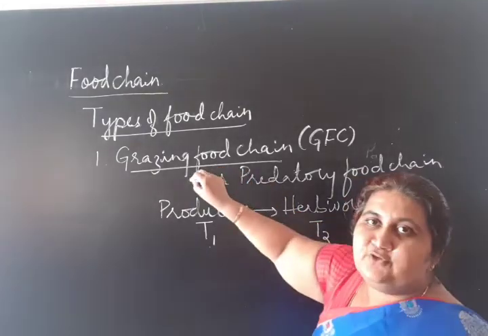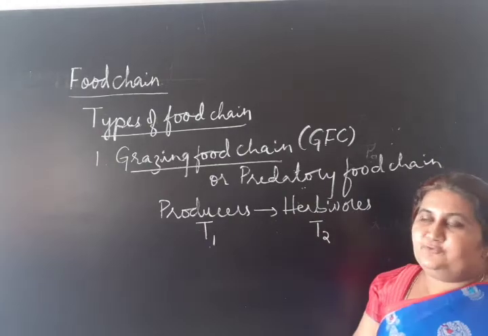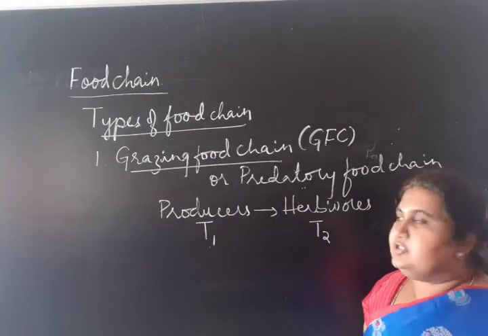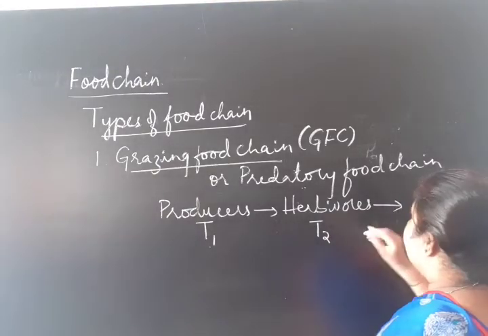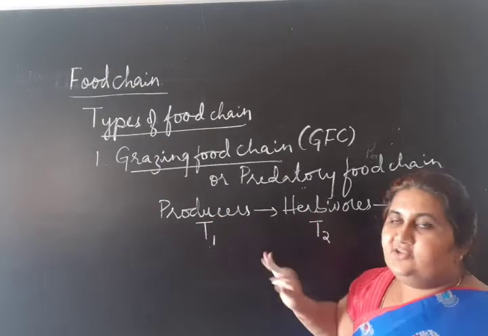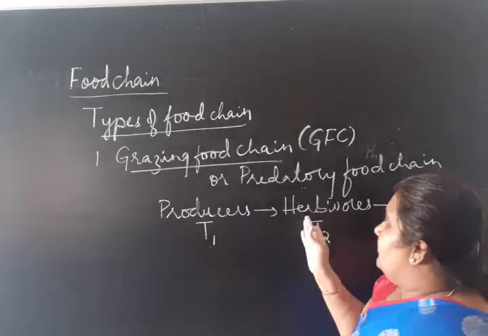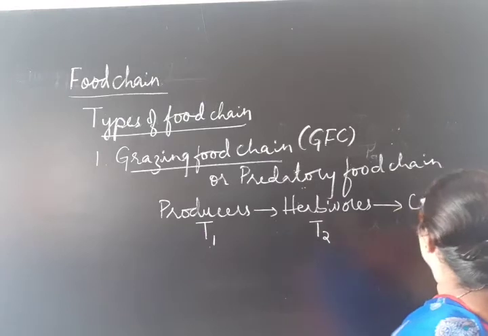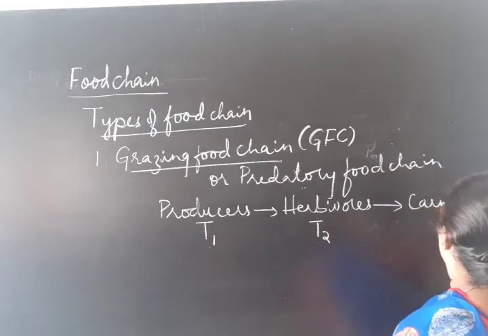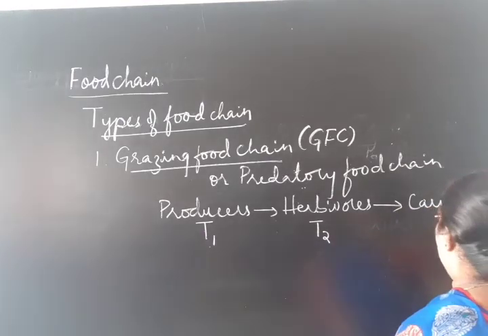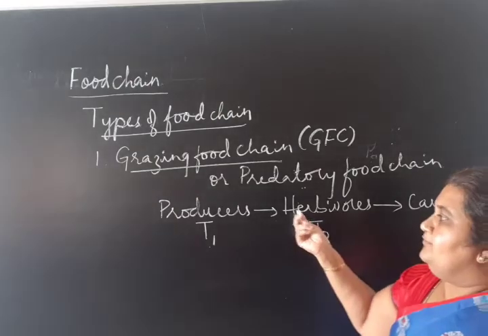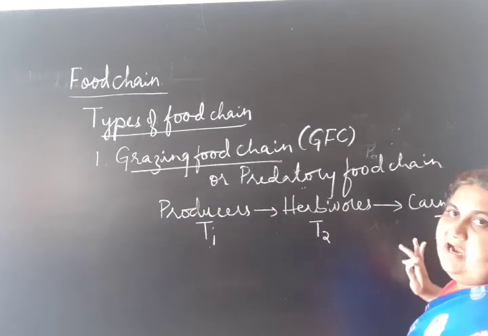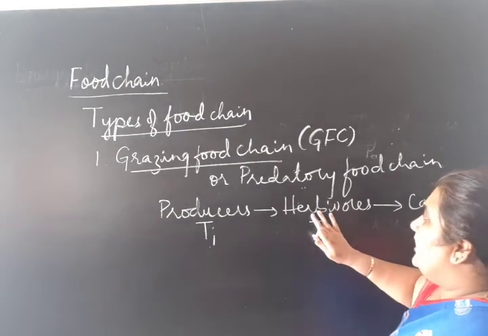Why is the grazing food chain also called the predatory food chain? At every step we can find the action of predation; herbivores, in the ecological sense, are also predators. Herbivores feed on plants, and in turn herbivores are eaten by carnivores.